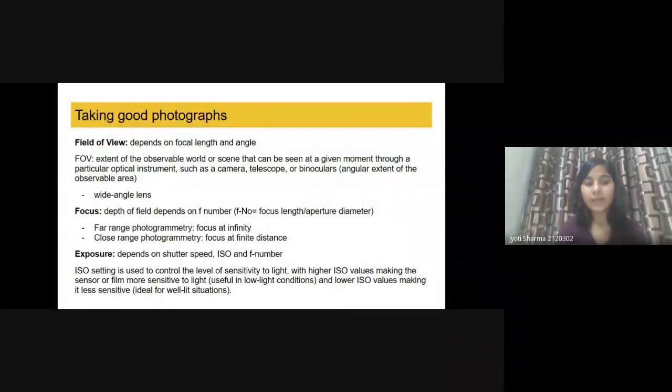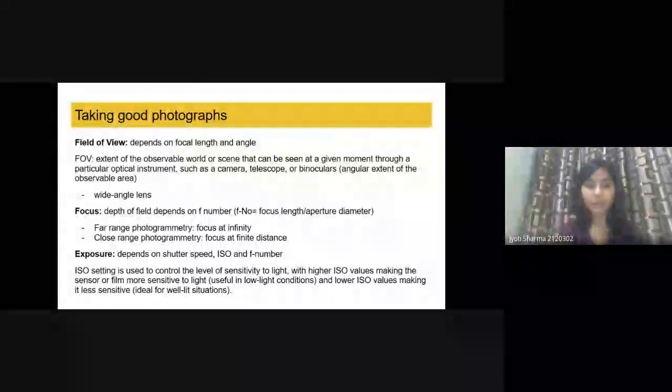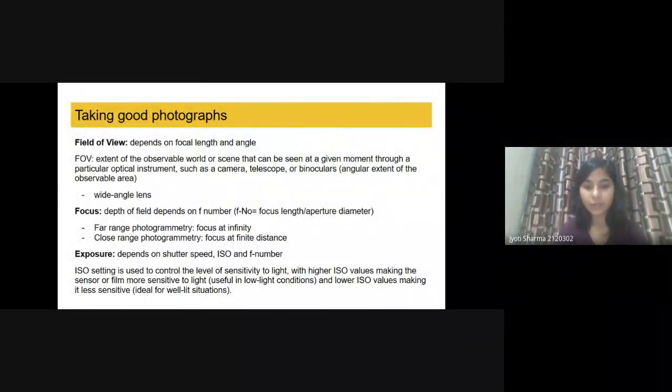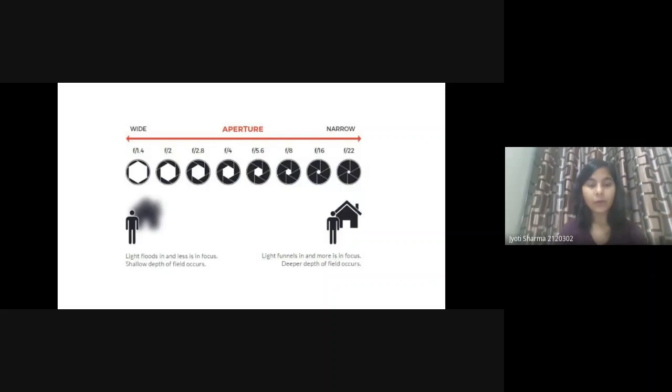Then we have the focus, and this depends on the f number, which can be defined as the ratio of the focal length to the aperture diameter. So let me show you the aperture diameter. If you have a DSLR, you have the option to change the aperture size. If you have a wide aperture, you can see the object in front of you, but behind that object it will be blurred out.